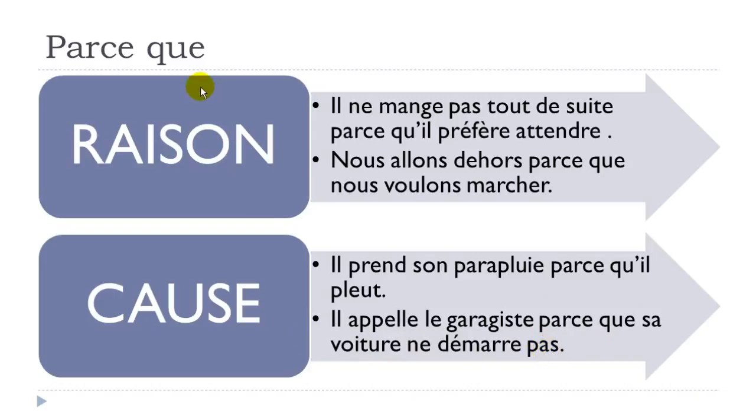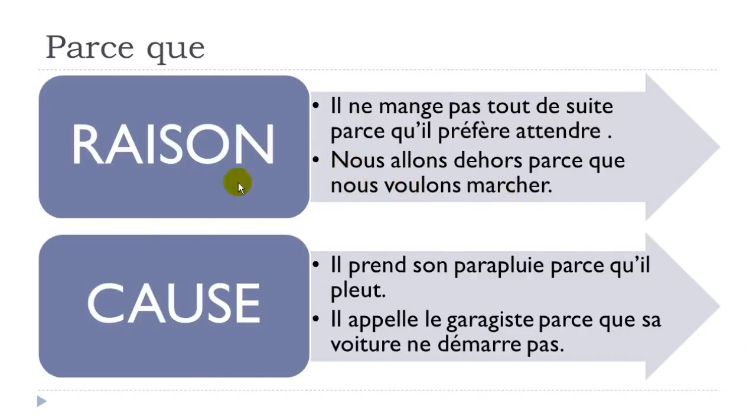Alright? So you can see the two main ways of using this parce que. So the first one, the reason. In that case, it's something that refers to the person. Actually, in that case, he doesn't eat because he prefers to wait, and then we go outside because we want. Okay?